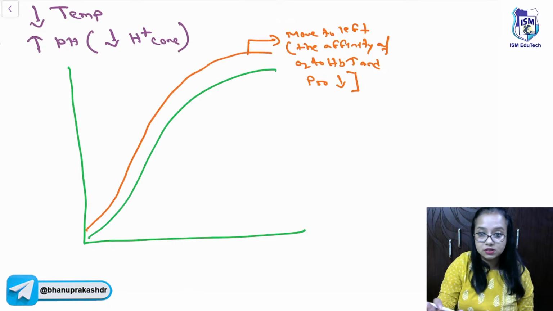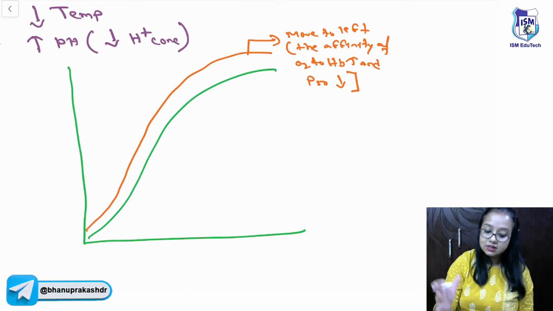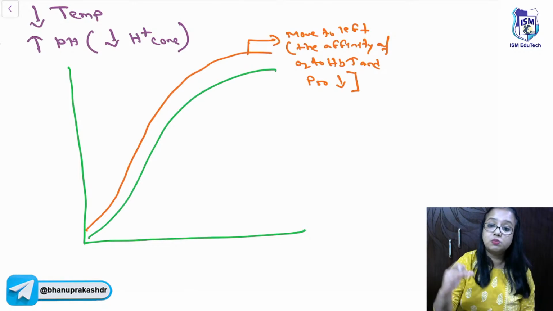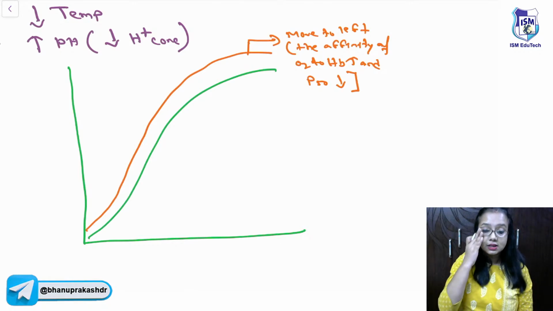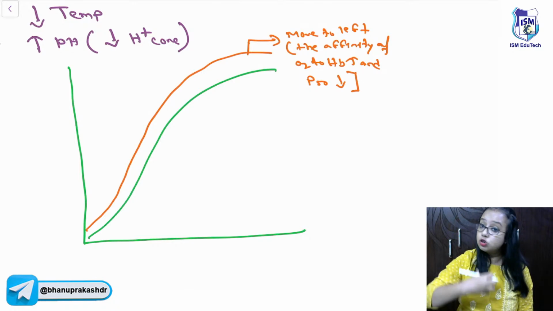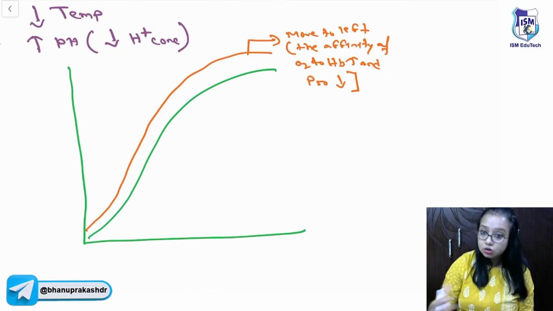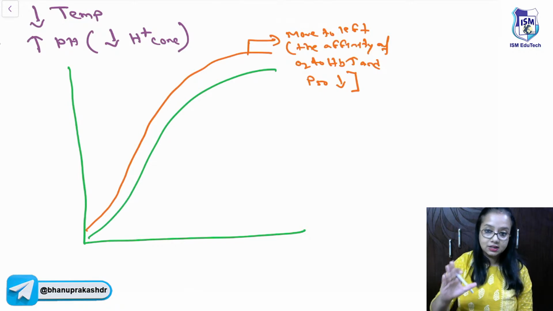There is no term for that. There is nothing like any effect that we attribute to this. It is just the opposite of Bohr effect. When Bohr effect is not working, there is increase in the affinity of oxygen and hemoglobin. Oxygen is not available to the tissue, and oxygen is not coming out of the hemoglobin. This is our Bohr's effect and its condition.